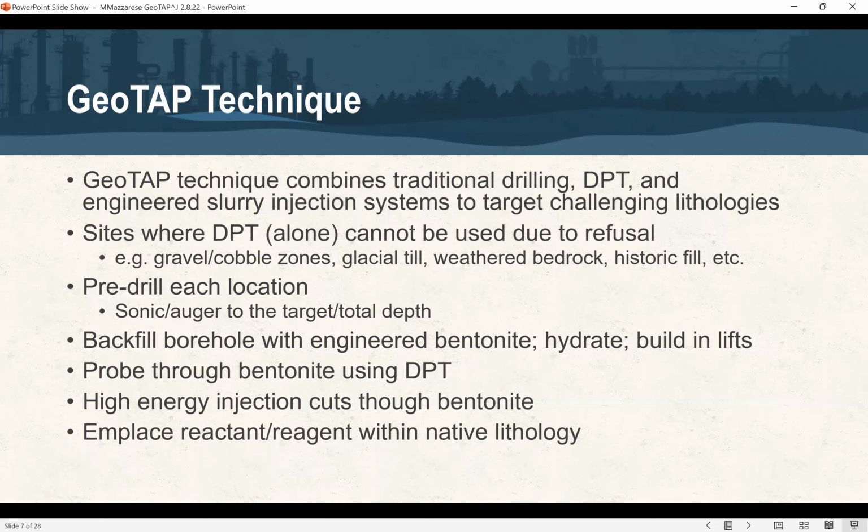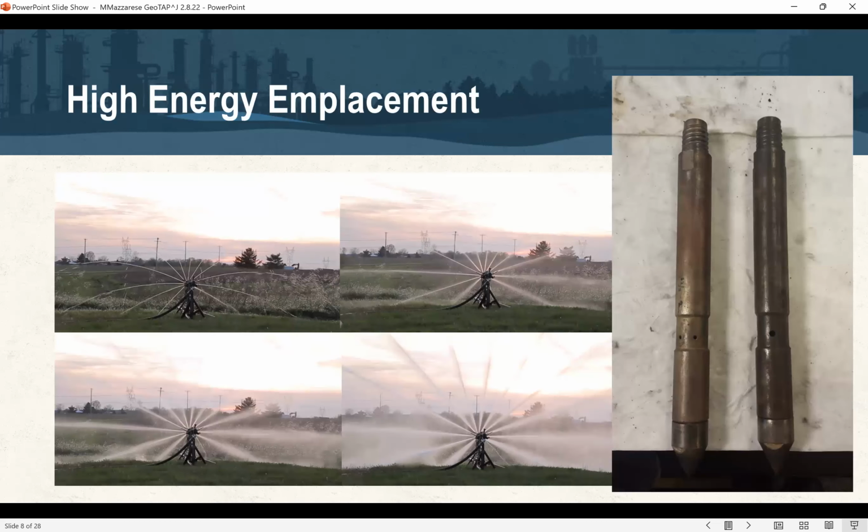Okay. So we're talking about this high energy emplacement. Here are some shots that were taken at our headquarters in Kentucky. We have a couple of different systems that have different flow and pressure profiles.